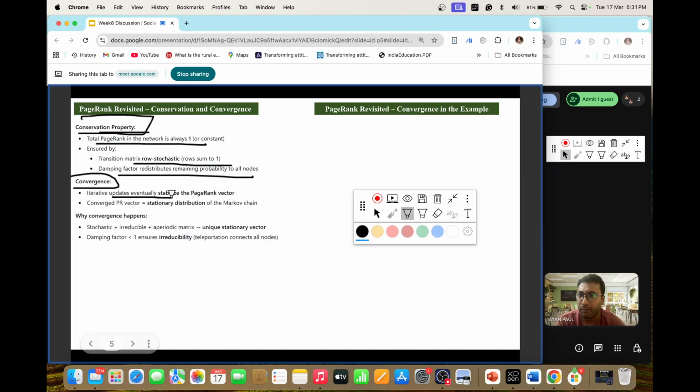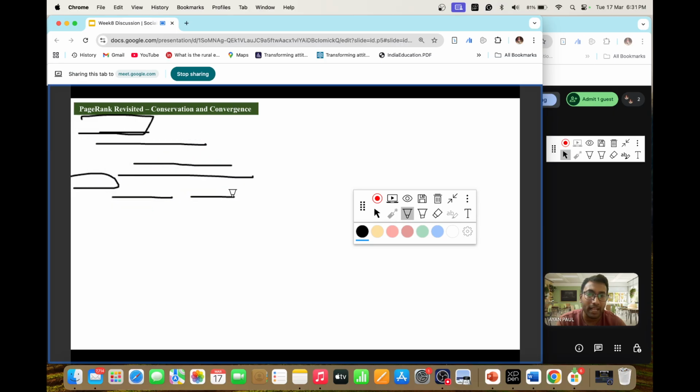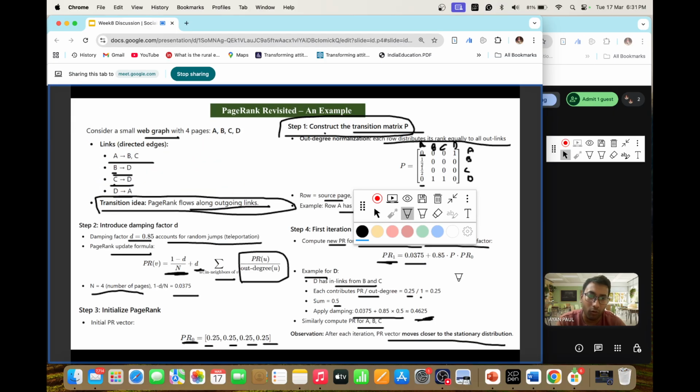Iterative updates eventually stabilize the PageRank vector. You can understand that after one iteration your PageRank will not stabilize. It initially started with 0.25 equal for all, but it will not stabilize after one or two iterations. But let's say after five, six or maybe 10 iterations, it gets stabilized.